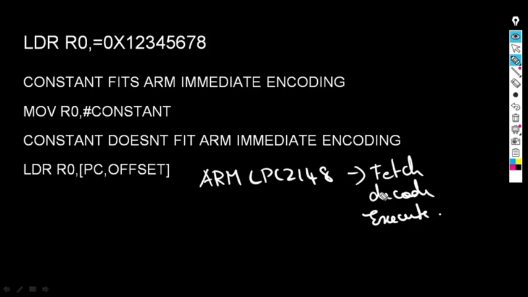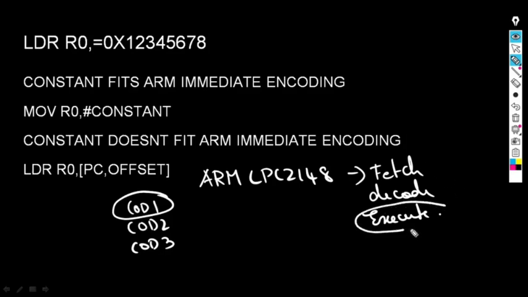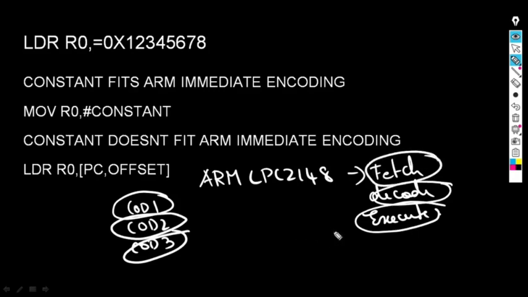What it means is, if there is code 1, code 2, code 3, when this particular instruction is getting executed, the next instruction will be decoded, and the one after that will be fetched.